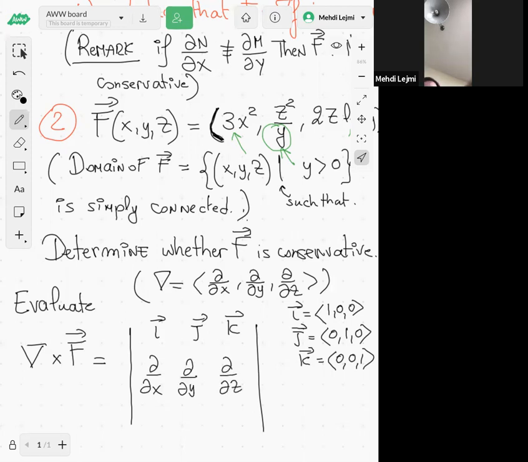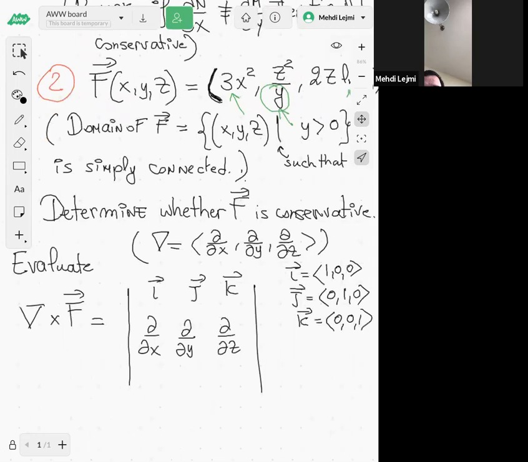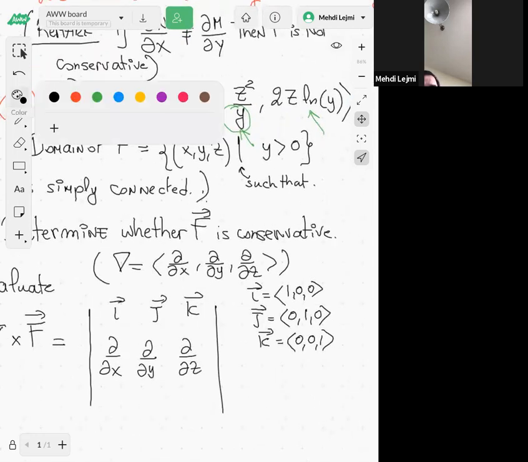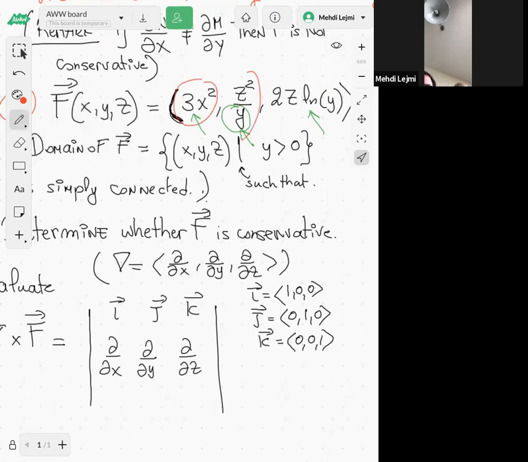And finally, in the last row, we're going to have the vector field F, with components 3x squared, z squared over y, and then 2z ln of y.